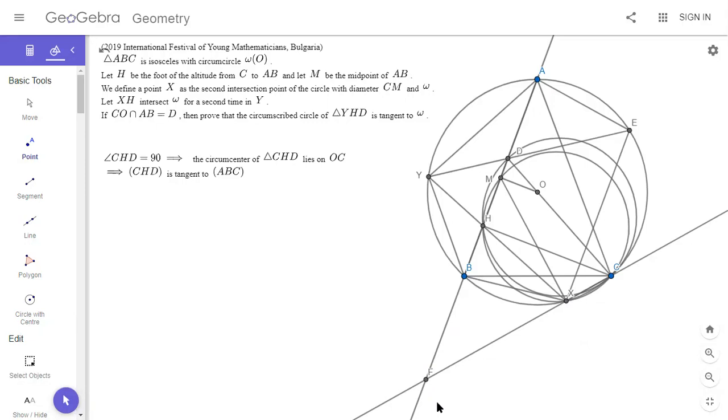Yeah, how would we show that? Is there some kind of right angle we can use?